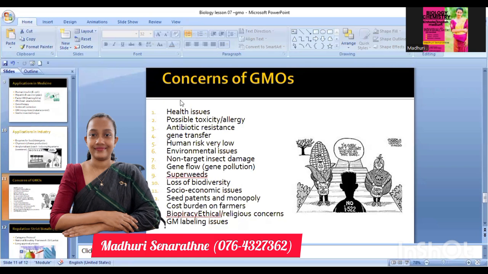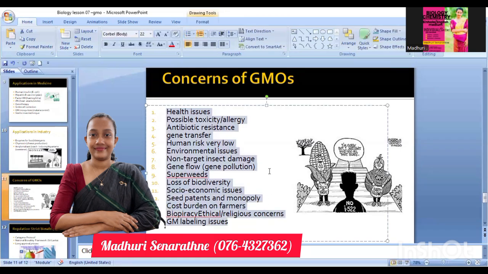Those are the concerns of GMOs. What are the health issues? Possible toxicity or allergy, antibiotic resistance, gene transfer, but human risk is very low. Environmental issues: non-target insect damage, gene flow, introduction of superweeds, loss of biodiversity.